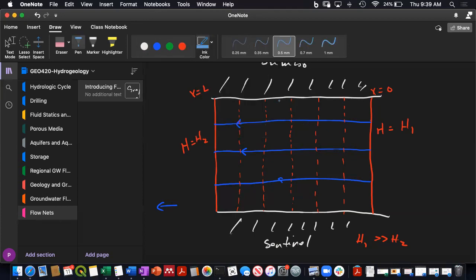And what a curvilinear square means is that I can draw a circle in here. You'll see why: we're going to draw flow nets in settings where these are not straight lines. And so the circle helps you define what a square actually is in the case where your streamlines are bending.